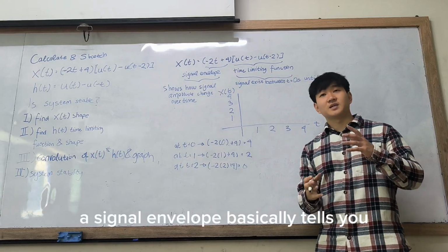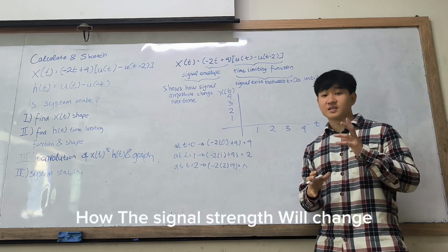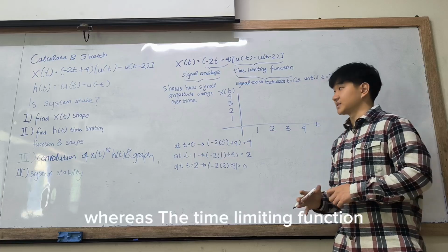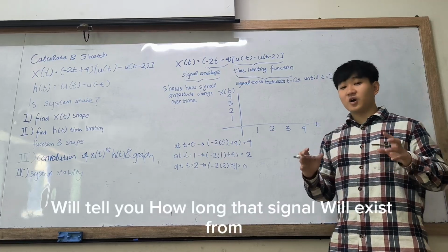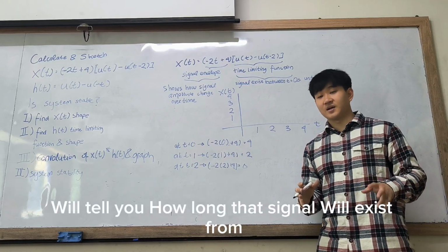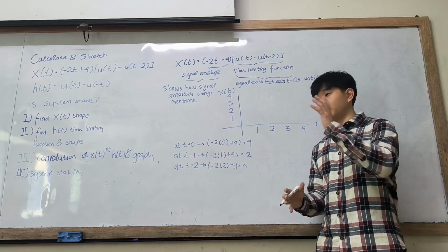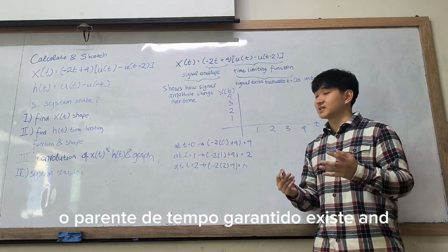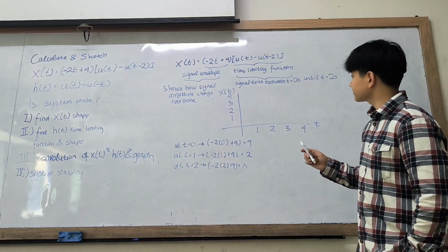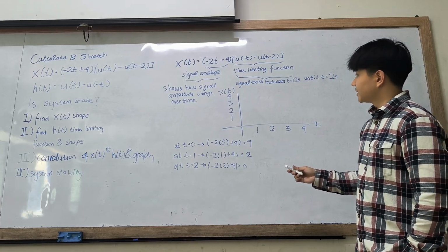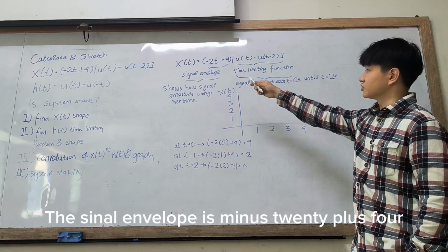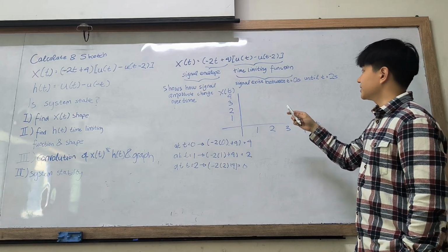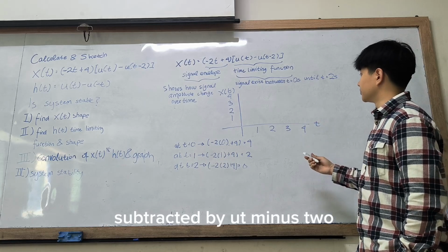A signal envelope basically tells you how the signal strength will change according to time, whereas the time limiting function tells you how long that signal will exist, from what time until what time, the period of time where it exists. And as you can see, the signal envelope is minus 2t plus 4, whereas the time limiting function is u(t) subtracted by u(t minus 2).